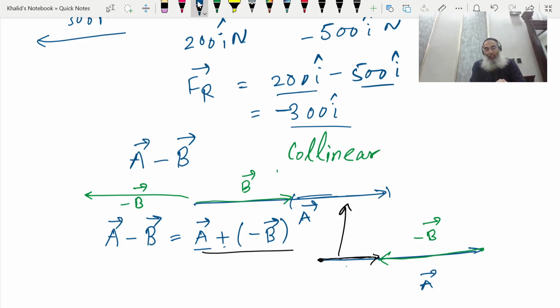Here what we did, look, A plus the negative of the second vector. And remember that B minus A is equal to B plus minus A.